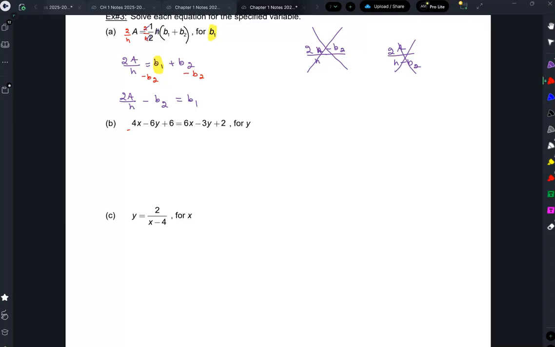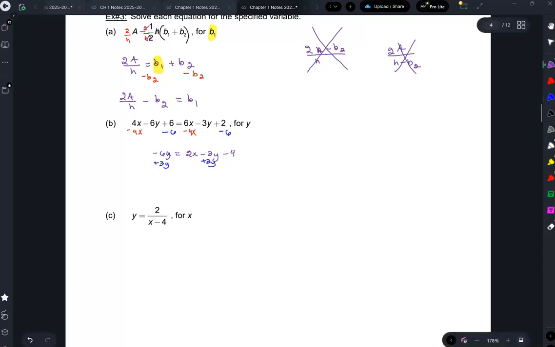All right. So minus 4x. But then I also need to get rid of the 6, right? So minus 6, minus 6. So I get negative 6y is equal to 2x minus 3y minus 4. Now I'm going to add 3y to both sides.